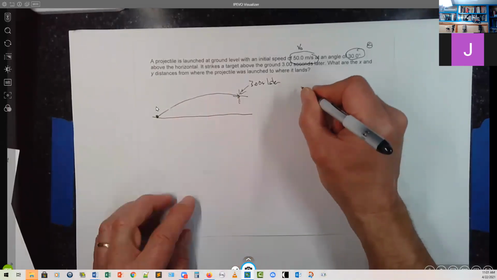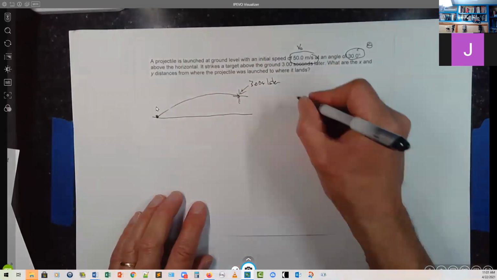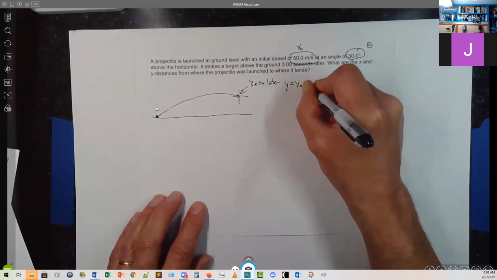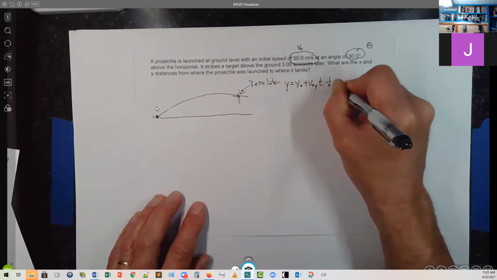I'm going to write the y equations down one column and the x down another. So y is going to equal y naught plus v naught y t minus 1/2 g t squared.